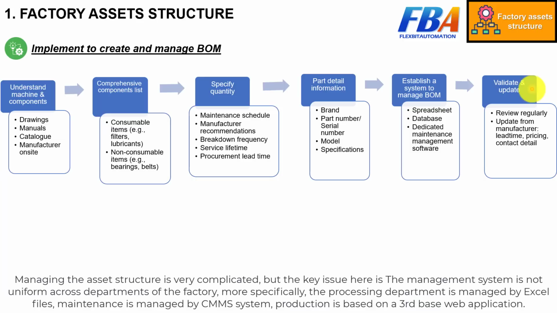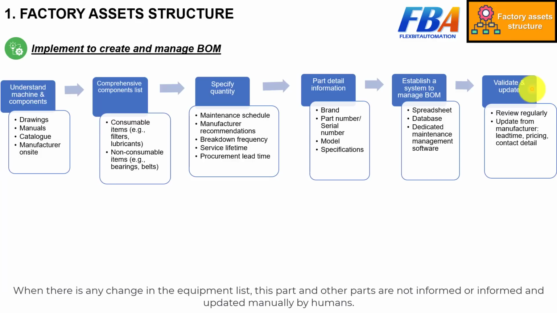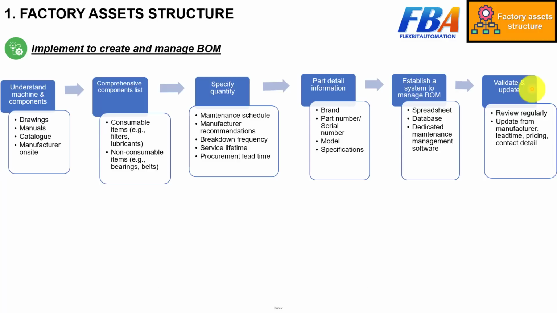Process is based on a third, web-based application. When there is any change in the equipment list, this department and the other departments are not informed, or are informed and updated manually by a human. Pack here means the department.